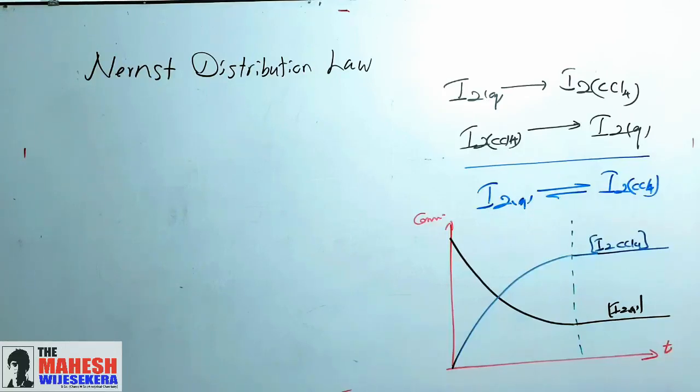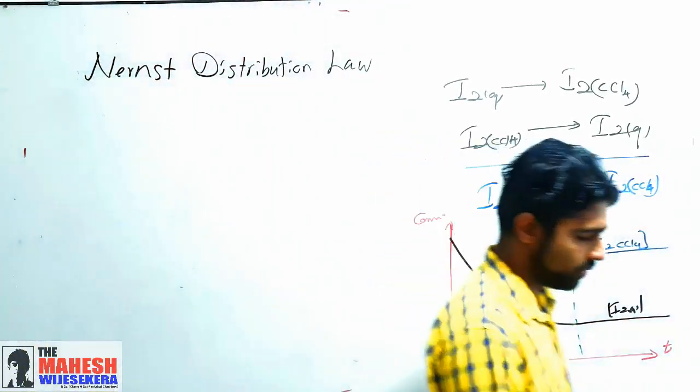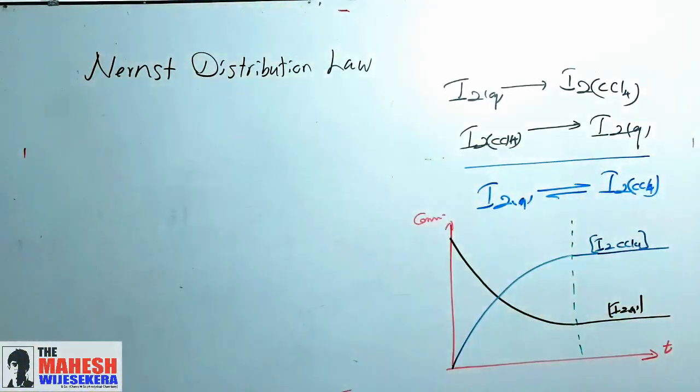Write the subtitle, Nernst distribution law. N-E-R-N-S-T. Right.